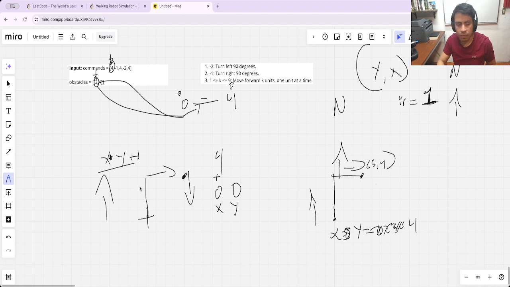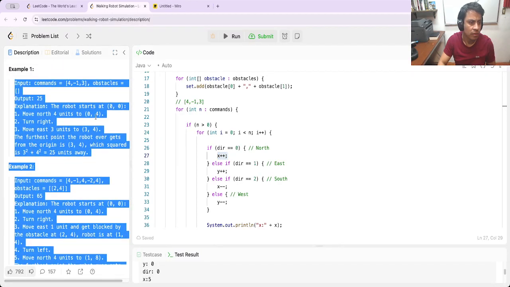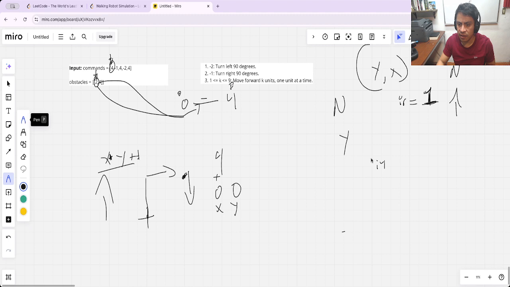Sorry, I confused the letters. Let me write here y. How to handle this? Okay, yeah, north is y, y less, x less, this, and we are here. Okay, and if the first says, okay, walk 4 in the north direction, it is 1, 2, 3, 4.